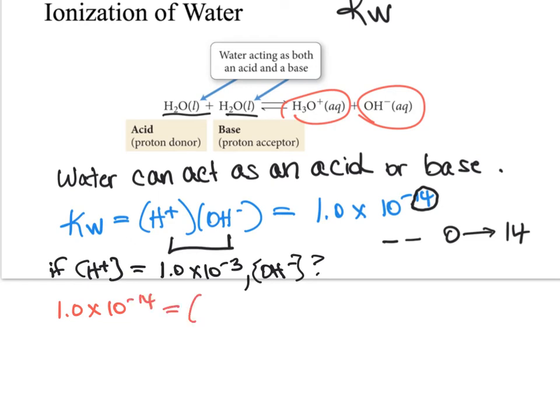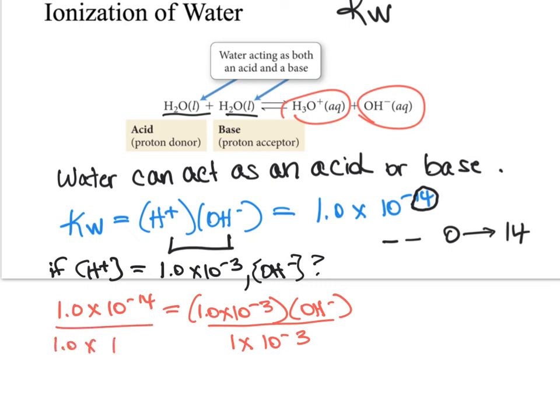I'm told hydronium, which is 1 times 10 to the negative third, and I do not know what hydroxide is. So I'm going to divide both sides by 1 times 10 to the negative third. Okay, those cancel out. Because these numbers here are the same, 1 and 1, they're going to divide to equal 1. And so I just really need to look at the two exponents, negative 14 and negative 3.